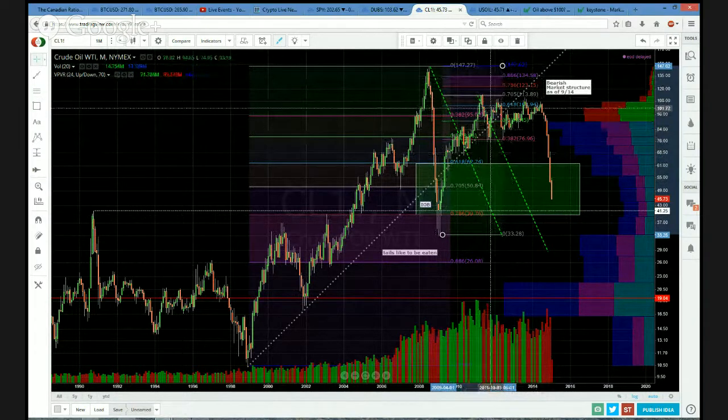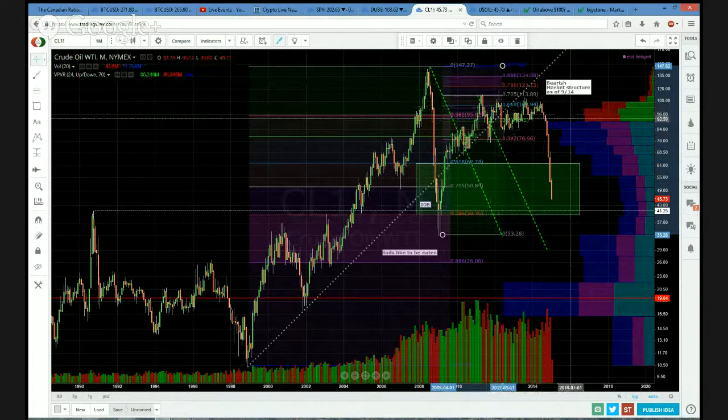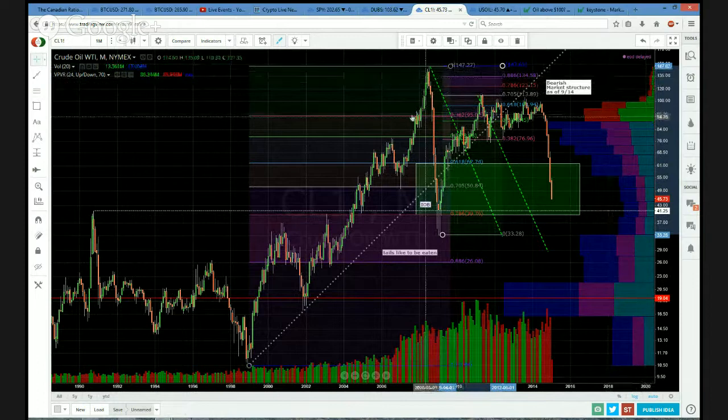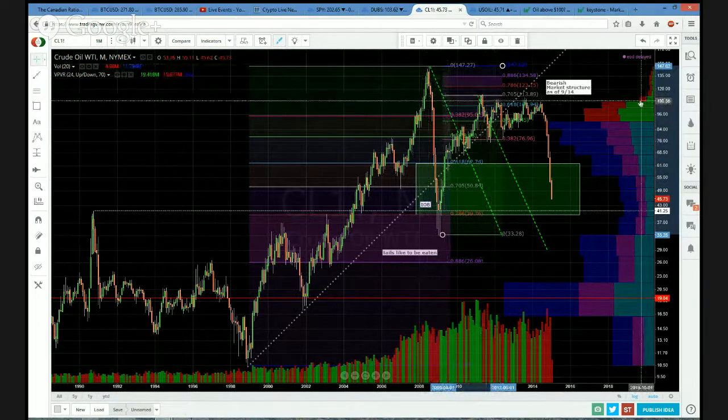We have just clear distribution here. You can see on the volume profile, there really wasn't any interest to do any business above about 115 bucks. We just had this quick spike up here. And since then, the top of this profile has basically been a brick wall.